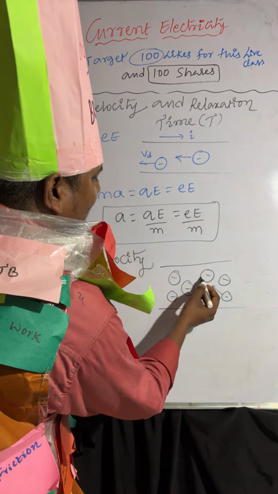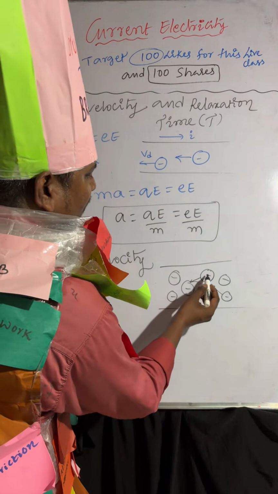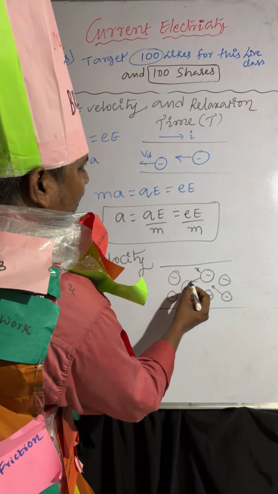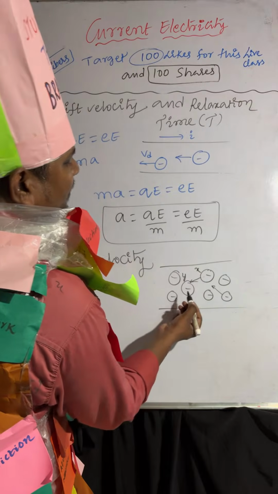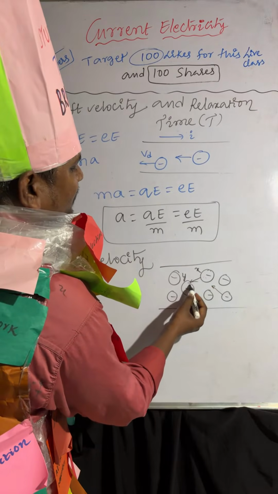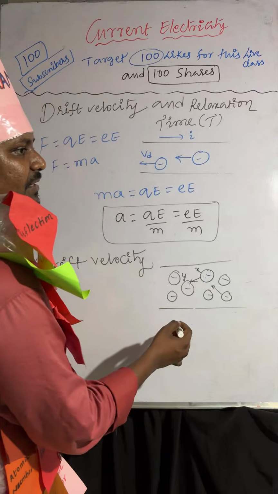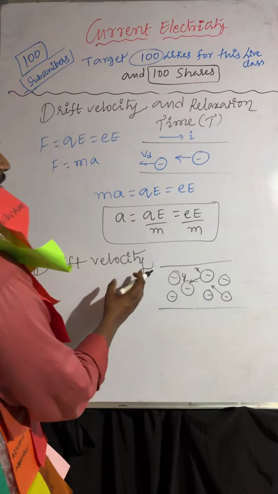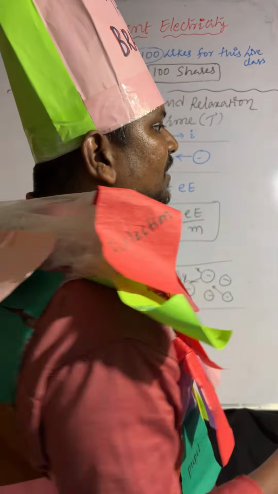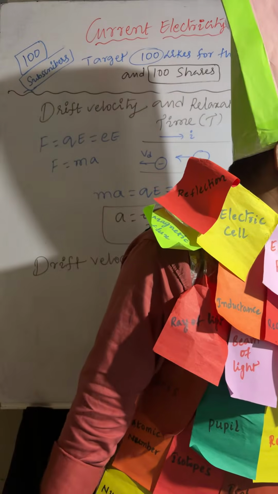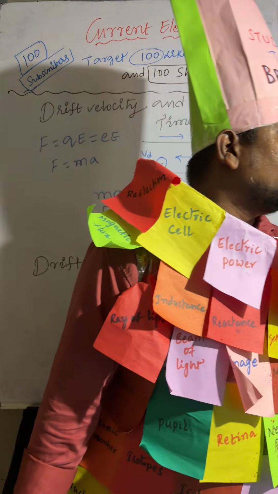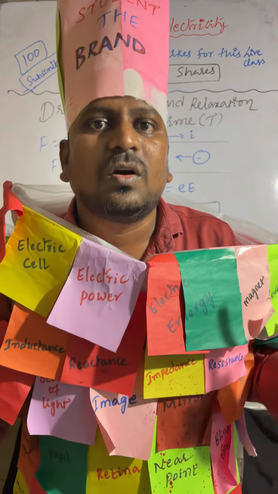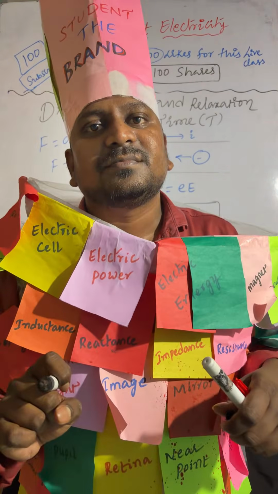After collision again it is moving with some velocity y. After hitting, this velocity reduces and that velocity increases. Like that, the average constant velocity of electrons moving in a conductor is called drift velocity.